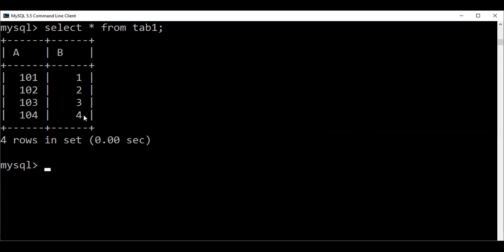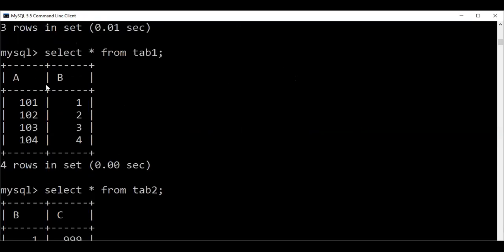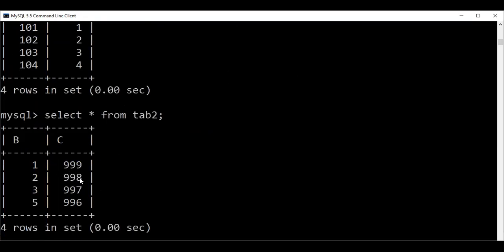The same way, I display the details of tab 2, with attributes B and C: B value 1 is associated with 999, 2 with 998, 3 with 997, and 5 with 996. All combinations.